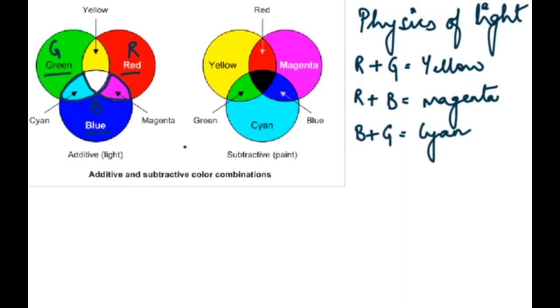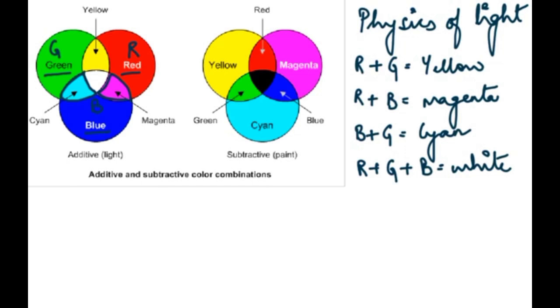And if you combine all these three primary colors, that is, red, green and blue, you get white light. And if there is no color, that is, no red, no green and no blue, we have black color. So this is how you add lights.